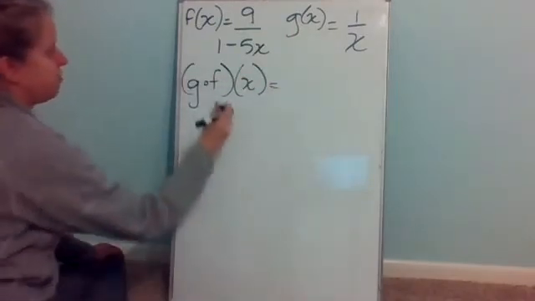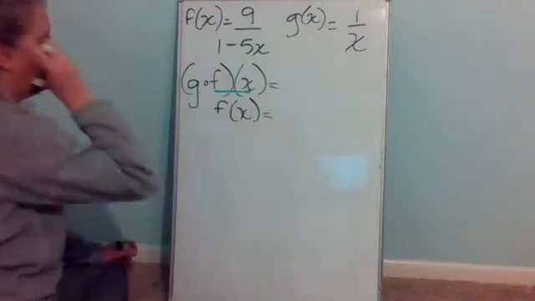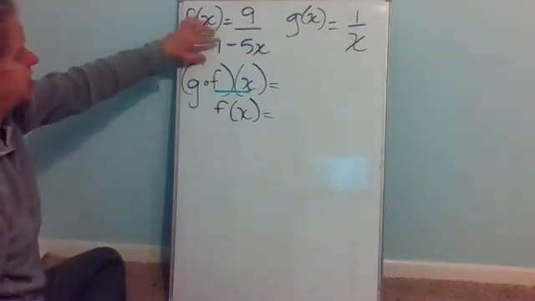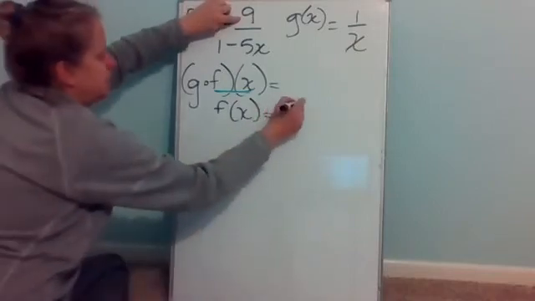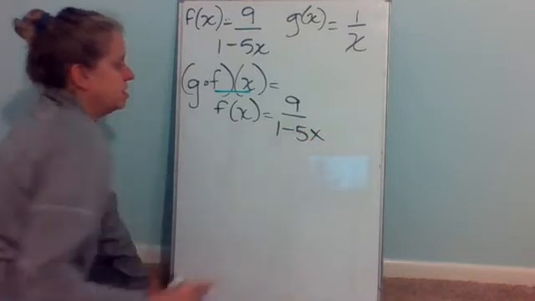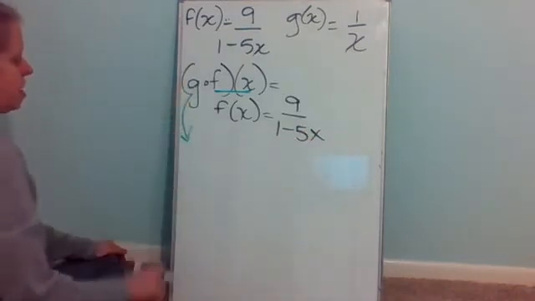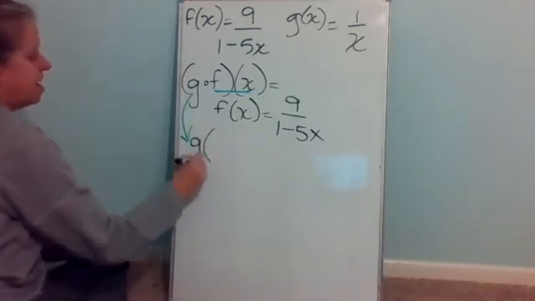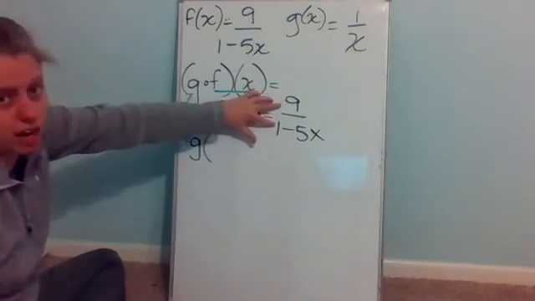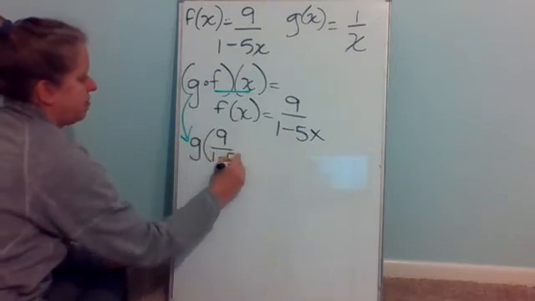So again, the first thing you find is the inside, which would be f of x. So when I go find f of x, it actually tells me what f of x is in the problem, right? It's 9 over 1 minus 5x. So there's the first part. Then you find the second part, the g part this time. And what are you finding g of? Whatever your last answer was, which is 9 over 1 minus 5x.